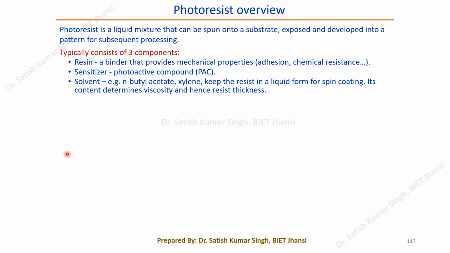As I told you, photolithography breaks into three different parts, and we have discussed the first two parts, the light source and the photo mask.